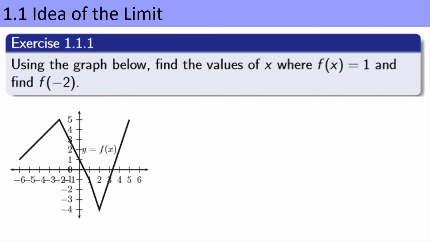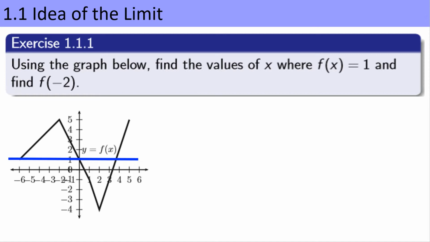Exercise. Use the graph below to find the values of x where f of x equals 1 and also find f of negative 2. To find the x values where f of x equals 1, we must first look at the graph where the function itself is equal to 1, and then go to the corresponding values on the x-axis.